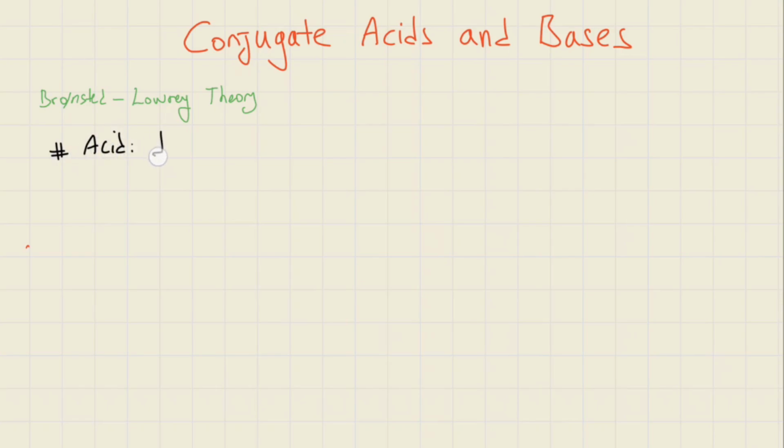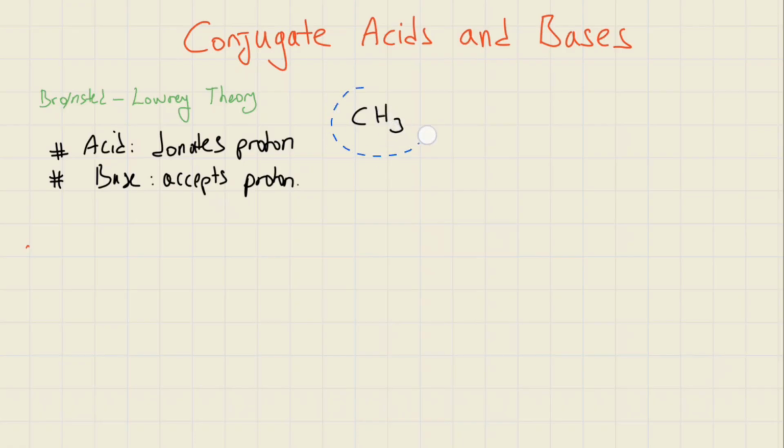Acid is something that donates proton, and base is something that accepts proton. And we have conjugate acid-base pairs. When an acid donates a proton, it becomes its conjugate base, and when a base accepts a proton, it becomes its conjugate acid.